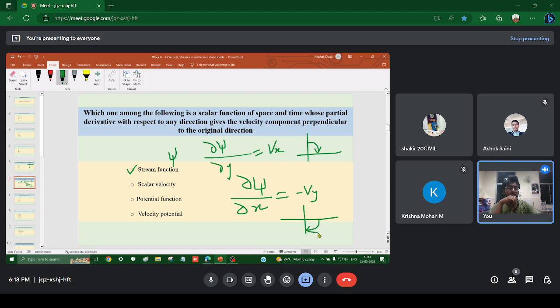So it is finding the velocity component perpendicular to the original direction in a clockwise manner. I did not give clockwise in the question, but it always does in a clockwise manner. So the answer is stream function. The partial derivative with respect to any direction gives the velocity component perpendicular to the original direction.